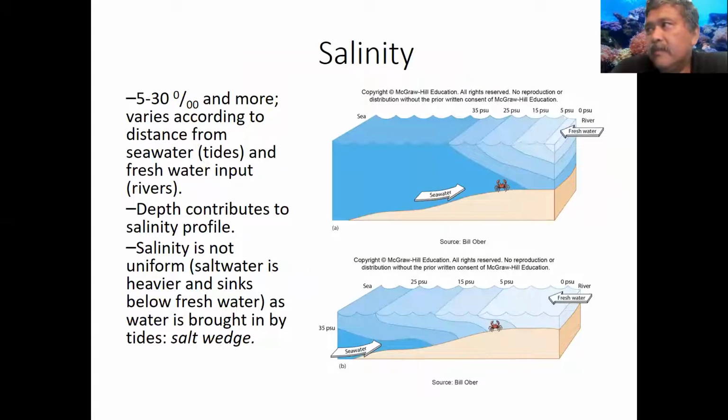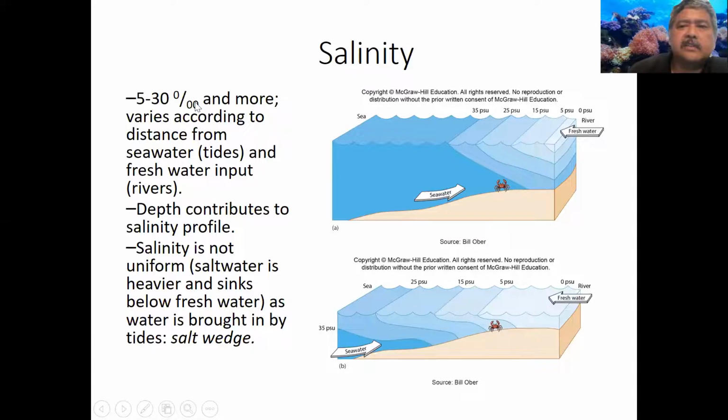Now, the thing about the estuary regions is they change a lot in all kinds of abiotic conditions, like temperature, like exposure to the air. But a major factor is the salinity. And so right here you have a number 5 to 30 PSUs, and a PSU is a practical salinity unit.